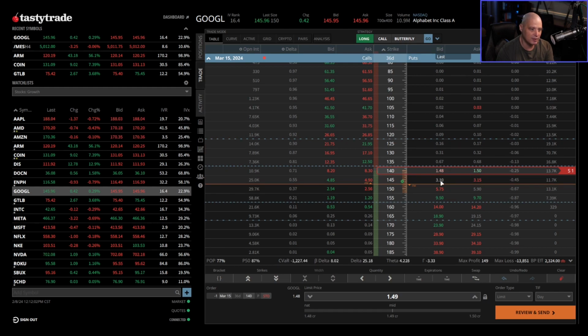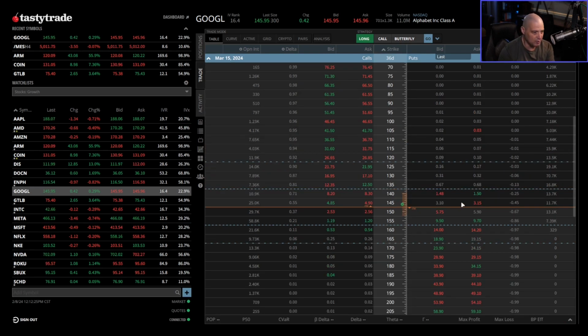But remember, this is a short put. So it is bullish in directional assumption, so it actually means that those deltas are really positive. And in the review and send area here on TASTYTRADE, you can see that the positional delta of the trade is actually displayed correctly. My deltas are 25 positive deltas because I am selling that put.